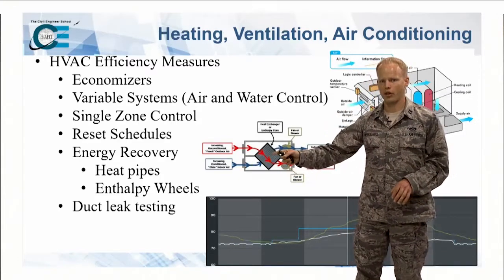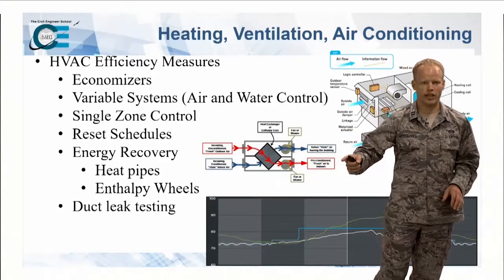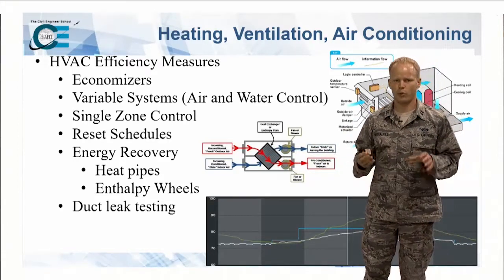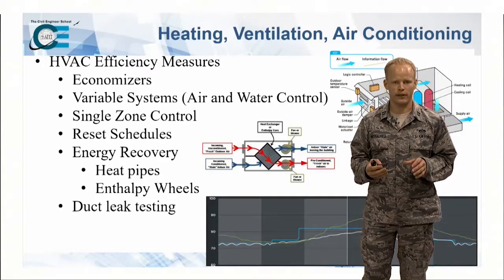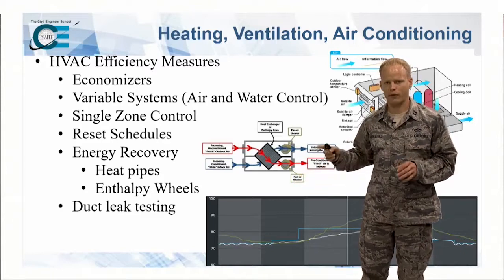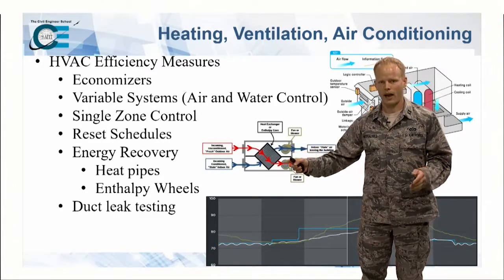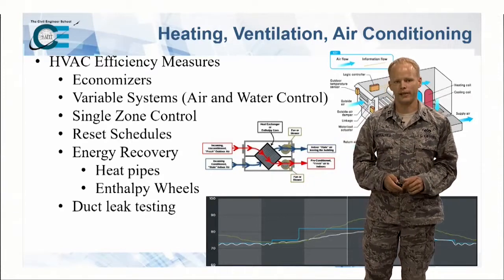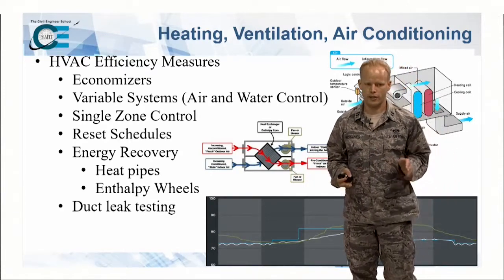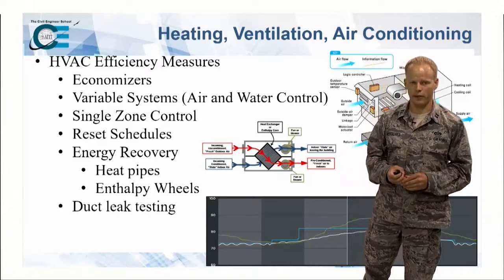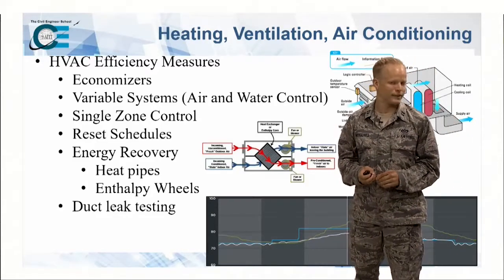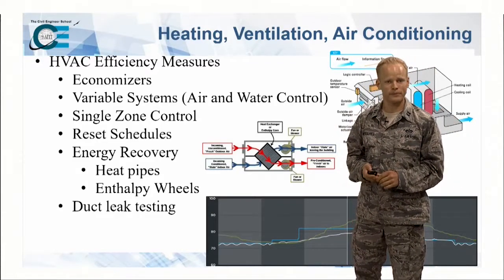And we're going to pass it across here, and then we're going to exhaust it from the building. And this will provide us with energy savings because we have just recovered some of that energy that we have already spent and pre-cooled the outside air. Now there's other technologies such as heat pipes and enthalpy wheels to also help with humidity control.